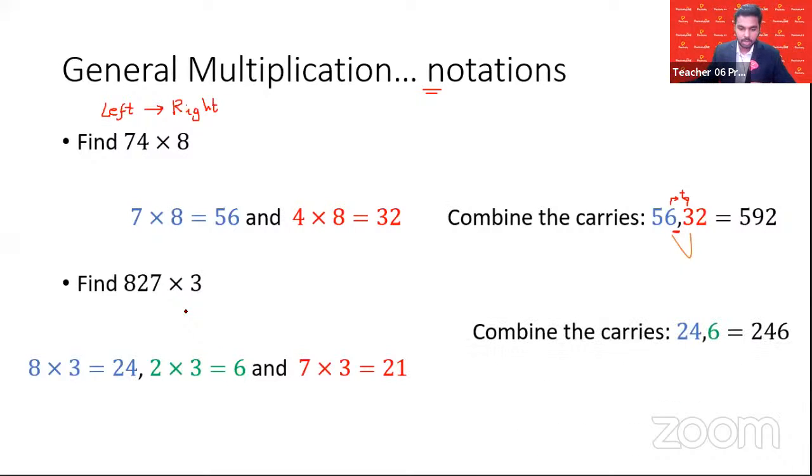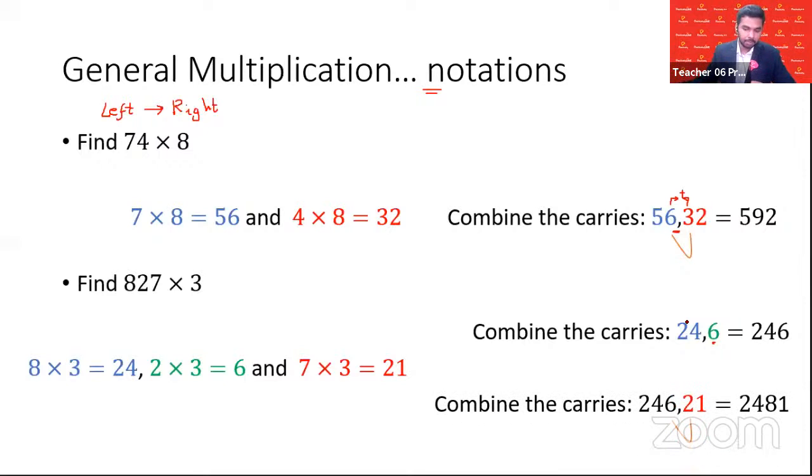Now we are going to write the first two entries. What are they? 24 and 6. So we write 246, where 4 and 6 have a comma in between. Now here we need not do any addition because this is a single digit number. You need not worry about that.